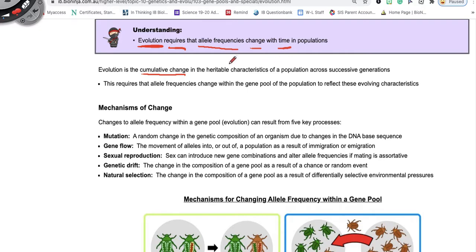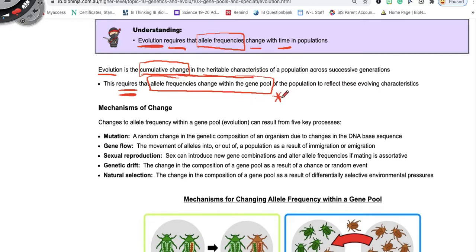A population cannot evolve if its allele frequencies do not change. In order for that cumulative change of heritable characteristics in a population to happen, and therefore evolution to happen, there is a requirement: the allele frequencies must change within the gene pool.